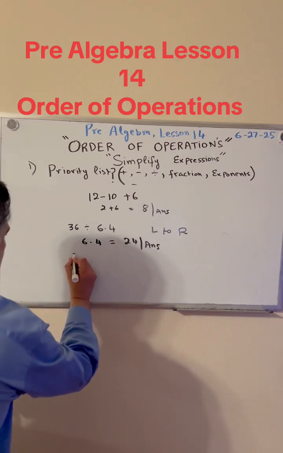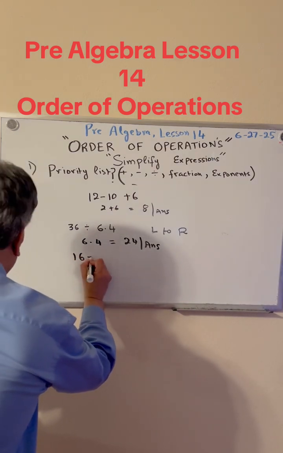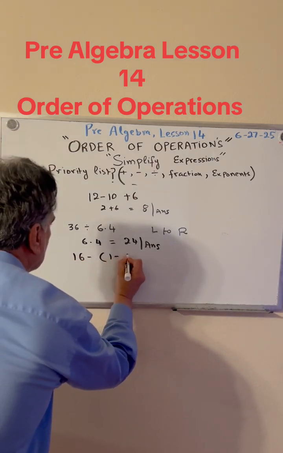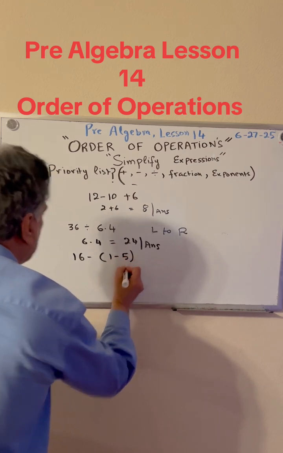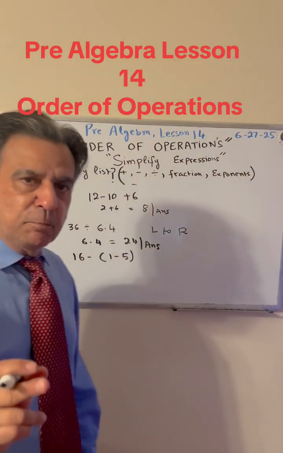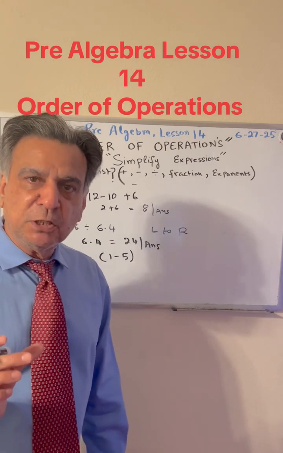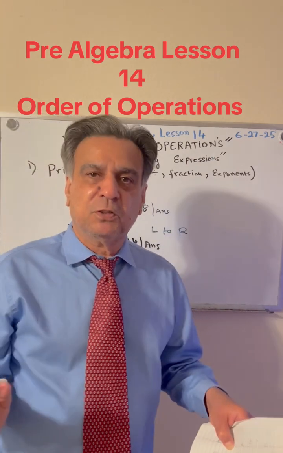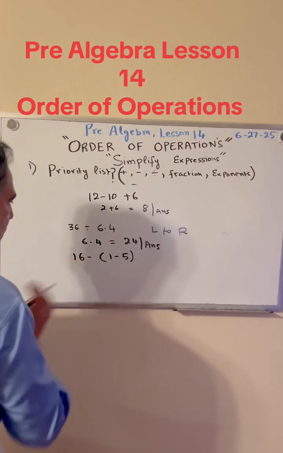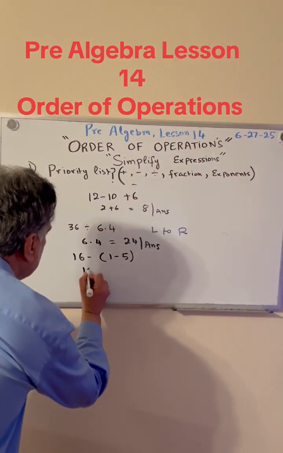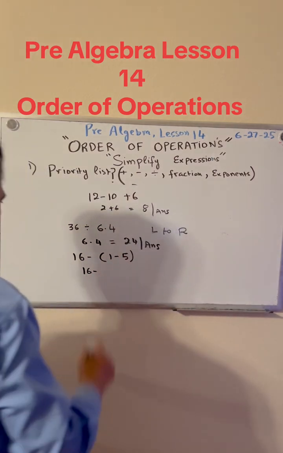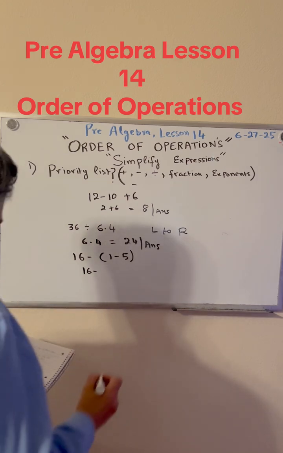Let's look at another problem. You have 16 minus the parentheses 1 minus 5. How would you solve that? If you recall, I said in the beginning, if you see parentheses in an expression, you have to open it up first. So we work on the parentheses: 1 minus 5 is minus 4.